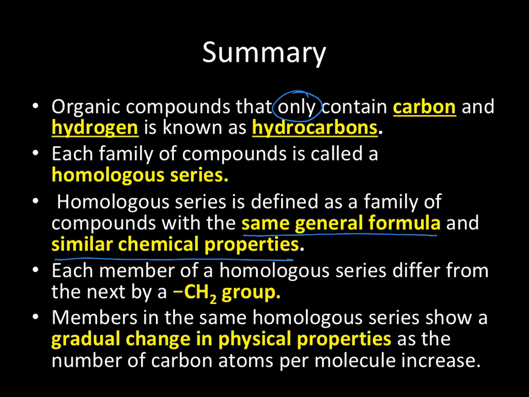Every member of a homologous series will differ from the next one by a CH2 group. And members in the same homologous series will show a gradual change in physical properties such as the melting point or boiling point as the number of carbon atoms per molecule increases.